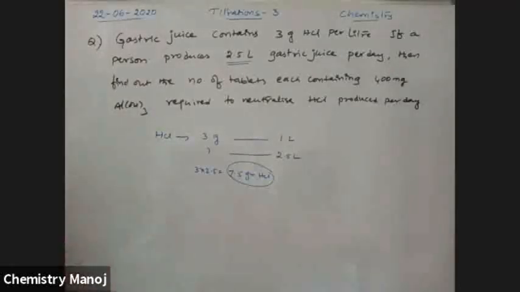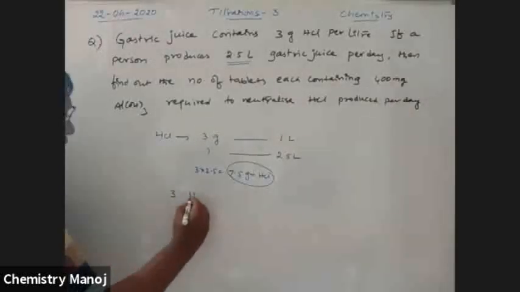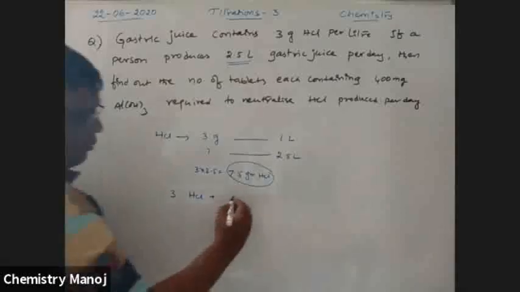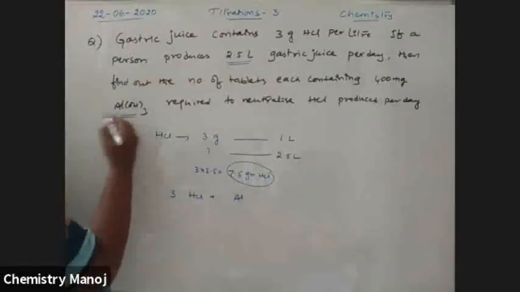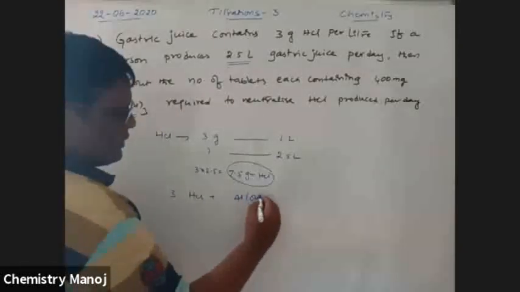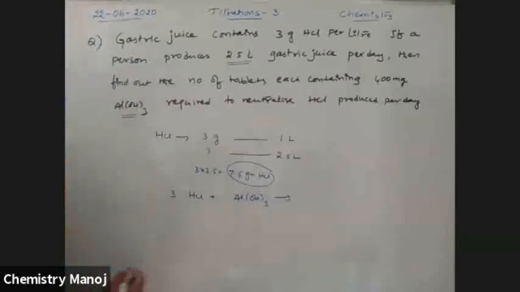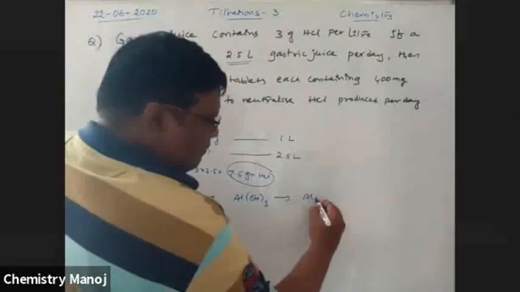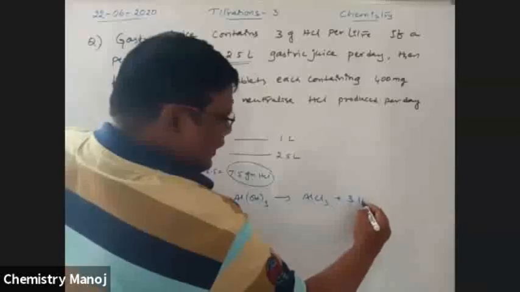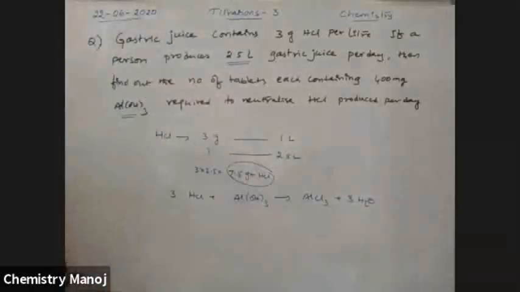As per our equation, 3 moles HCl reacts with 1 mole Al(OH)3, because the neutralized one is Al(OH)3, and gives AlCl3 plus 3H2O. It is a reaction between the acid and base.